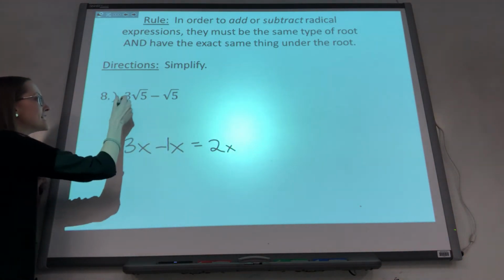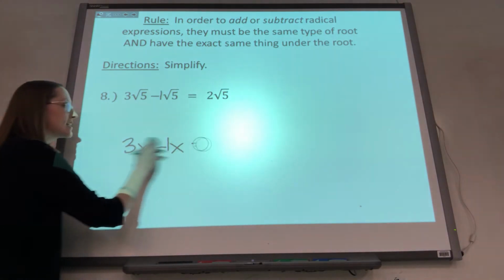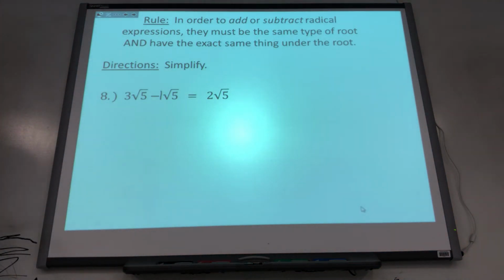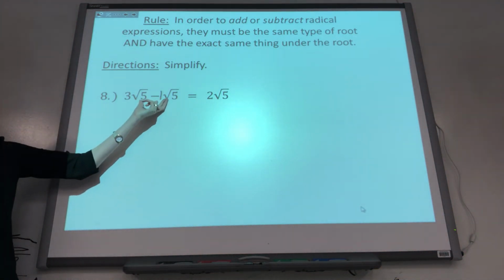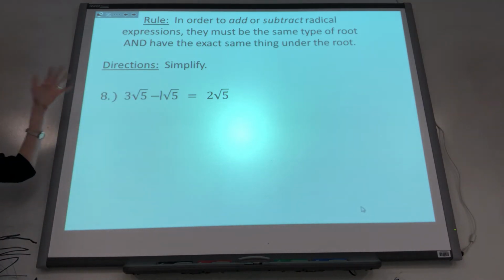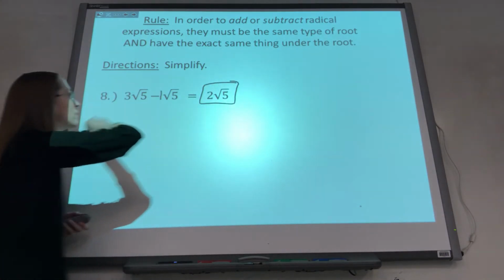Take the 3 minus the 1, and you can just make that 2 square root of 5. You're allowed to do that because these are the same type of root and you have the same thing under the root, so they're considered to be like terms. That would be our answer for number 8.